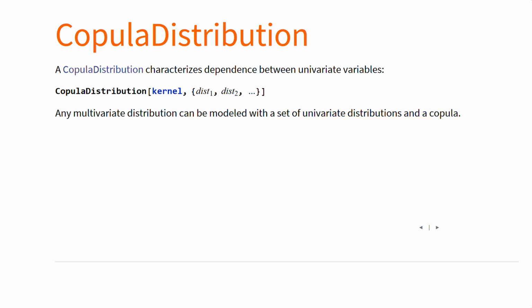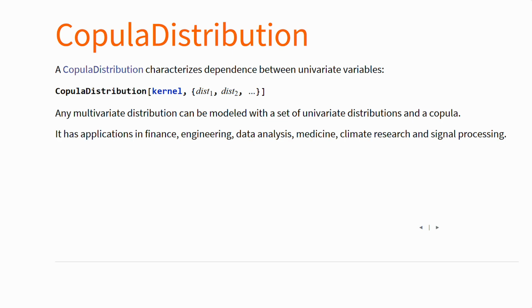Practically, however, this implies the implementation of every possible copula, which is not really realistic computationally. Anyhow, this powerful tool has applications in finance, engineering, data analysis, medicine, climate research, and signal processing.